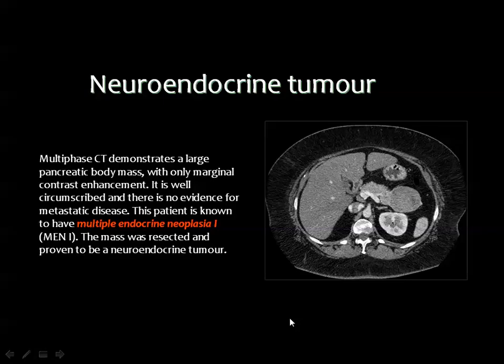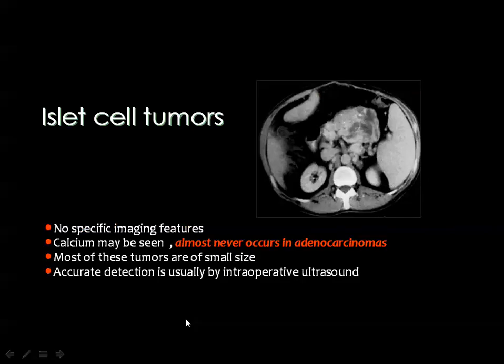And you see a mass in the region of the pancreatic tail, and commonly you would diagnose that this is a pancreatic adenocarcinoma, but it happens after biopsy or surgical excision that you see this tumor belongs to the islet cell tumors, and you know that islet cell tumors may be functioning or non-functioning.